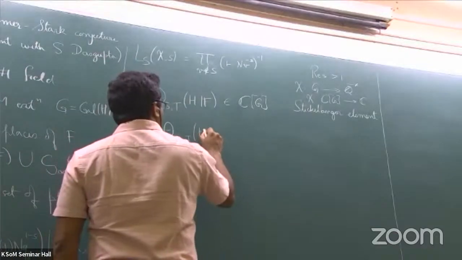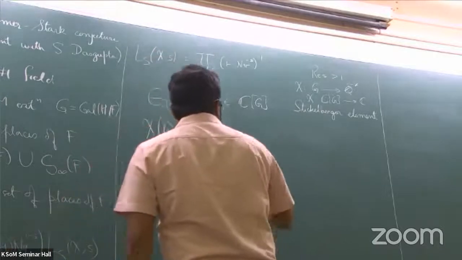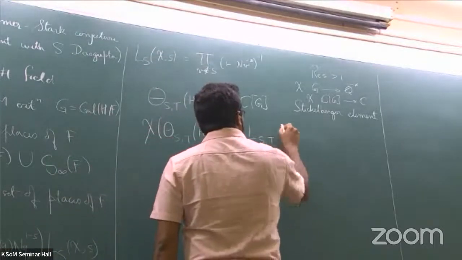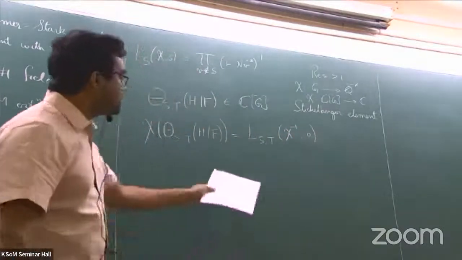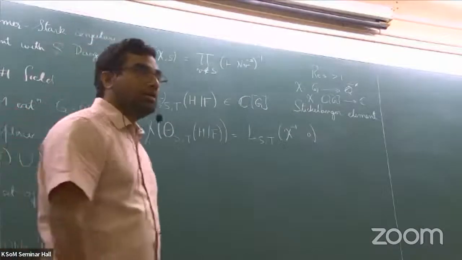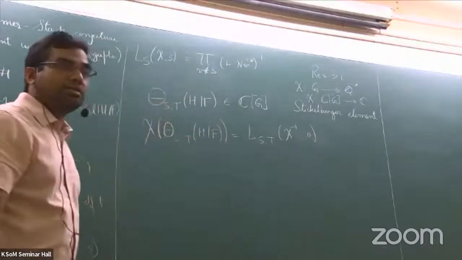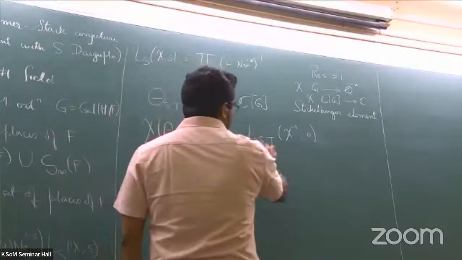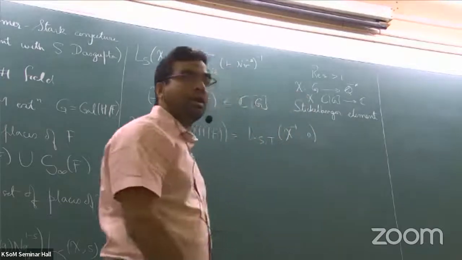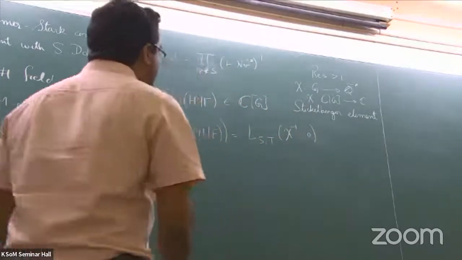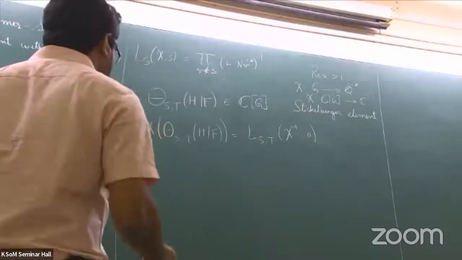So theta of H over F interpolates these L values, L_{S,T}(chi inverse, 0). This is just a complex number. So there exists a unique element in the group ring which satisfies this. You just take these values multiplied by the idempotent e_chi inverse and take the sum over all chi. It's what we learned in the first representation theory course on finite groups.